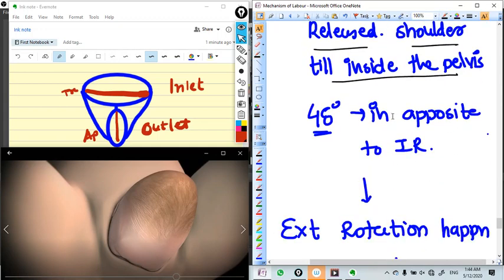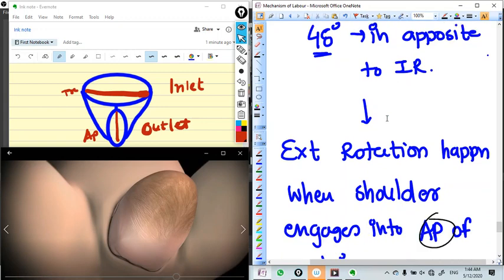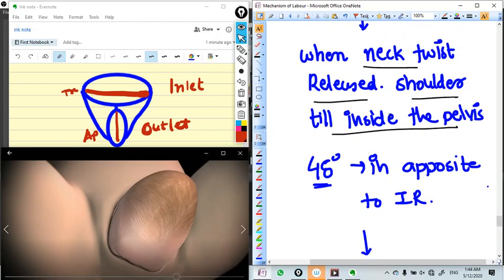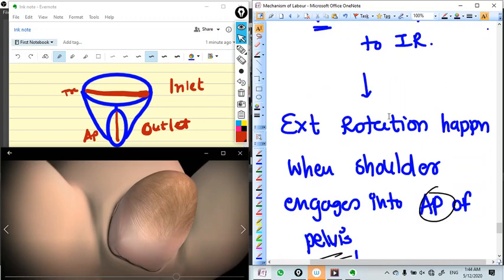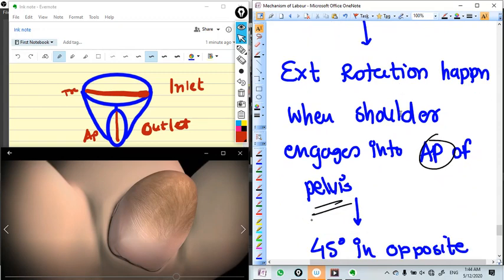Now it is time for the shoulders to come out. The shoulders come into the anterior posterior diameter of the pelvic outlet. That's why again a 45 degree external rotation will happen. Why do we call it external rotation? Because before, the head was rotating inside the pelvis. That's why we call that internal rotation.